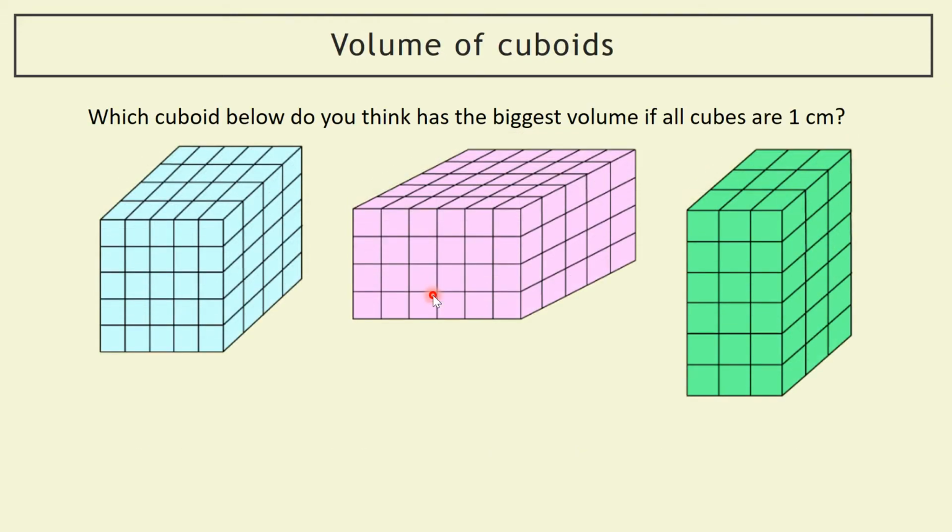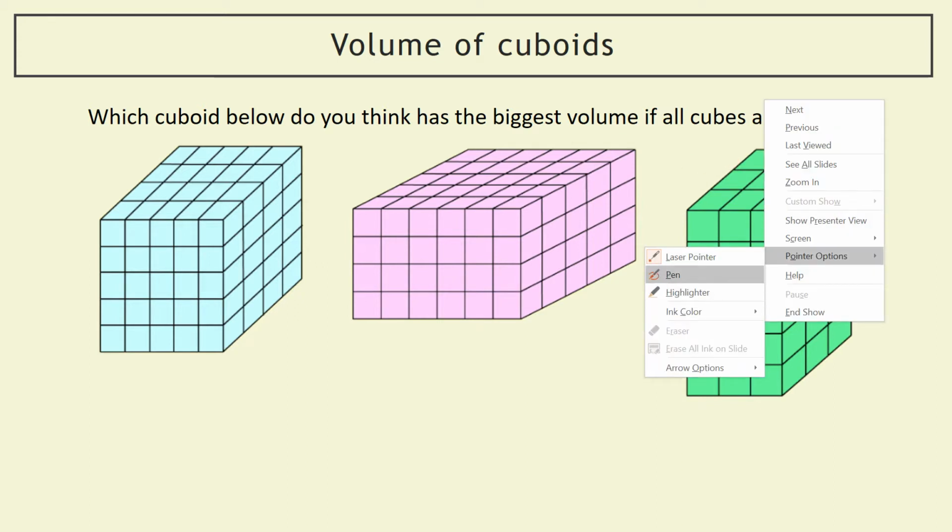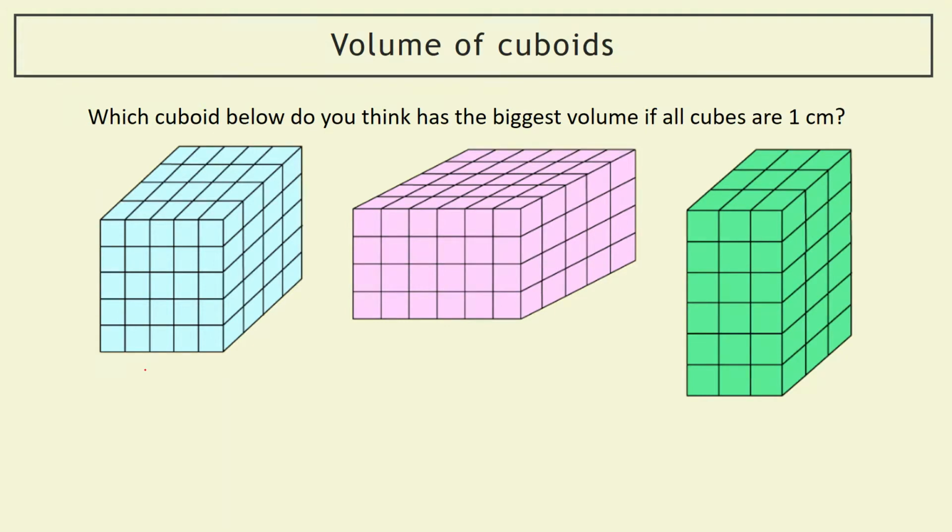Right, if we wanted to work out the volume of cuboids, we've got the 3 cuboids from the last slide. To work out the volume of the cuboids, let me bring up a pen. All we need to do is to think about what the length, the width, and the height is. Because I'm trying to count how many of these little centimeter cubes there are in the shape. Well, on the front face here, there are 5 in a row, and it's 5 high.